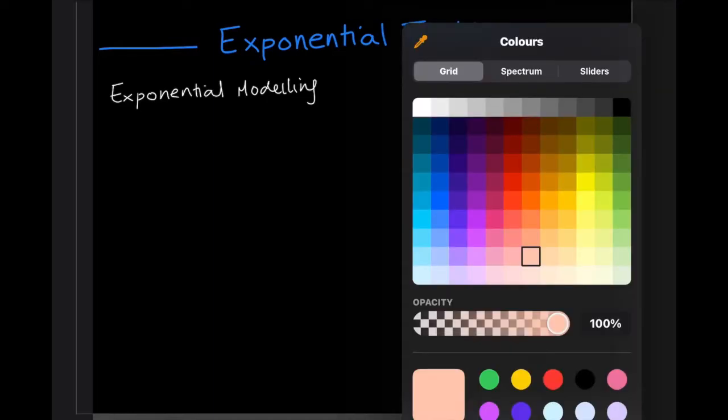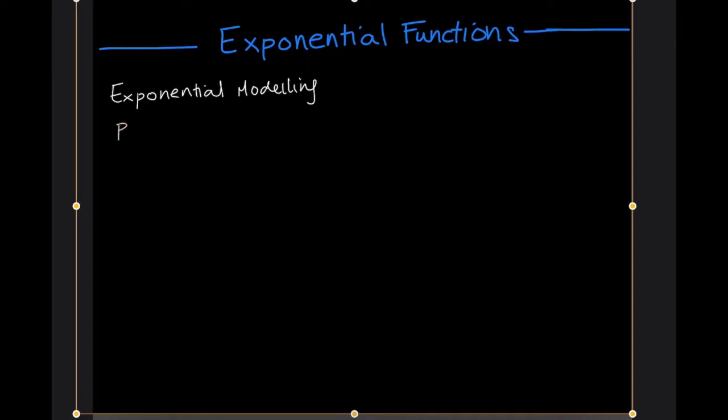Let's say we have a principal amount P, and the annual interest rate is R, compounded once a year. If the interest is added to the principal at the end of the year, the new balance P1 would be equal to P plus PR, because P is the principal amount and the annual interest rate is R.